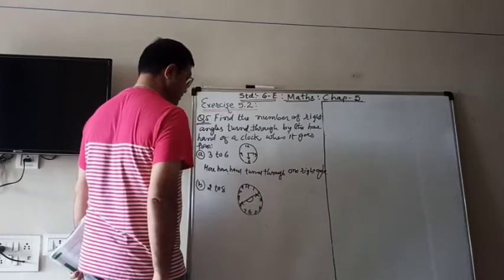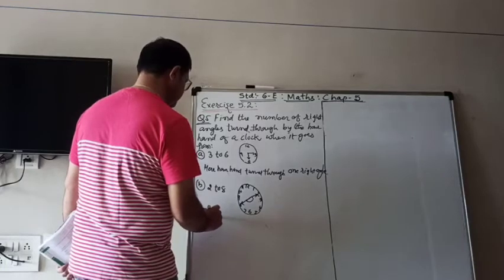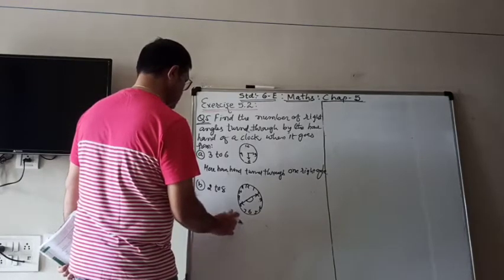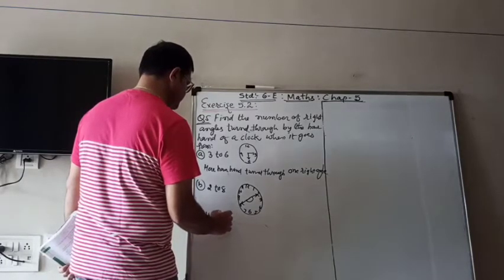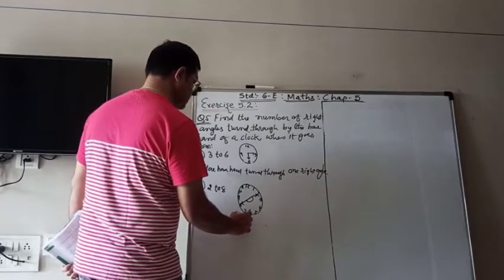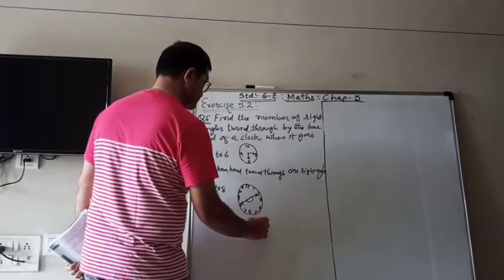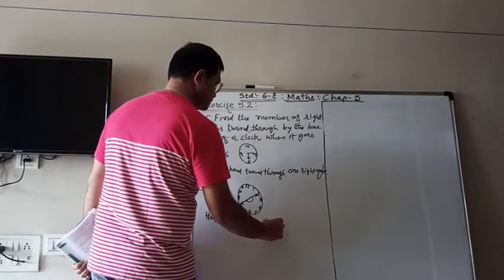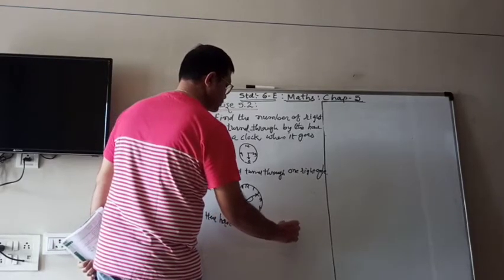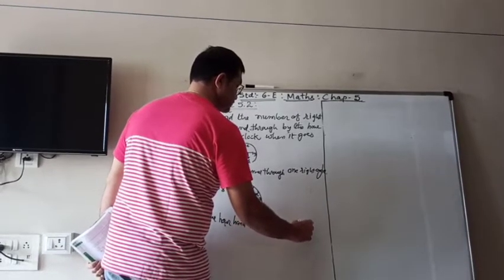It means 2 right angles. So here the hour hand turned through 2 right angles.